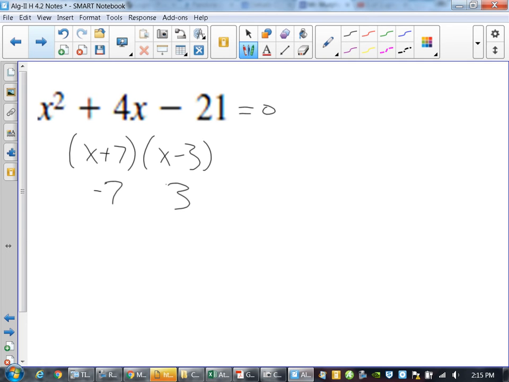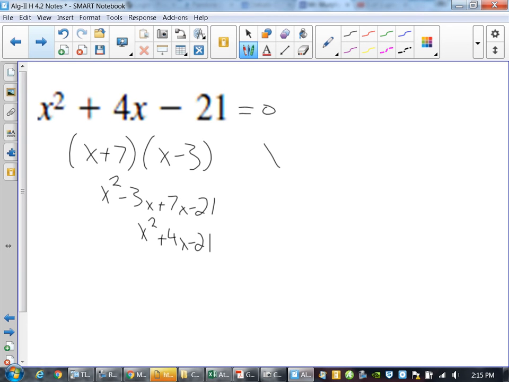Yes, sir? If the order in which you put the 7 and 3 doesn't matter, it's where it's crossing the x-axis. Now, if you FOIL this out, you're going to get x squared minus 3x plus 7x minus 21, which is x squared plus 4x minus 21.